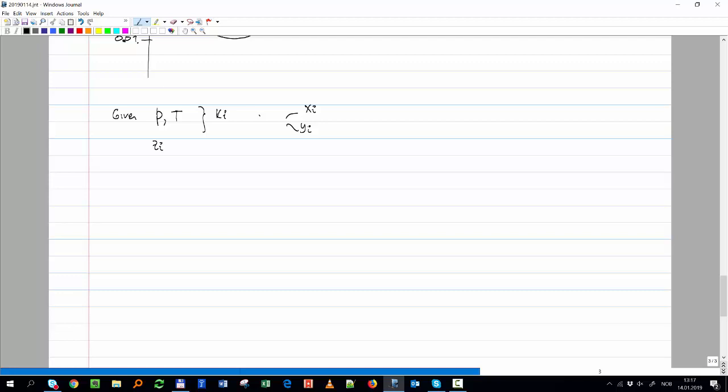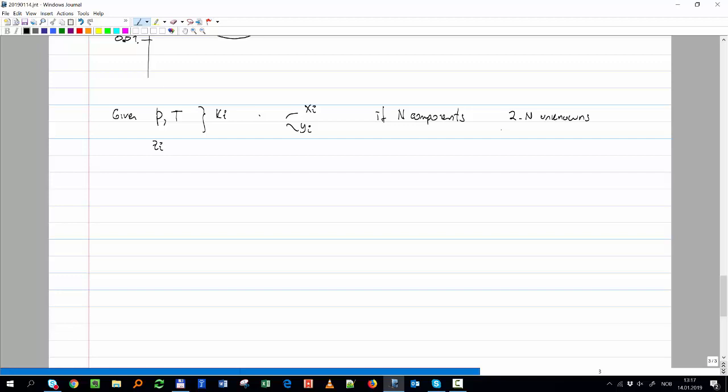So let's see first the number of equations we have. If there are n components, how many equations do we have? Let's see first how many unknowns. We have 2 times n unknowns, because we have xi and yi.